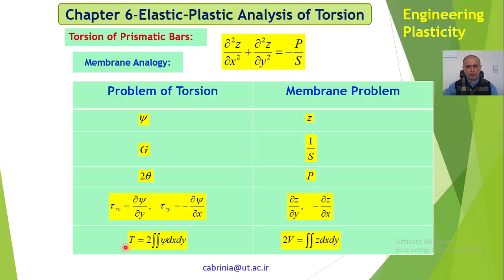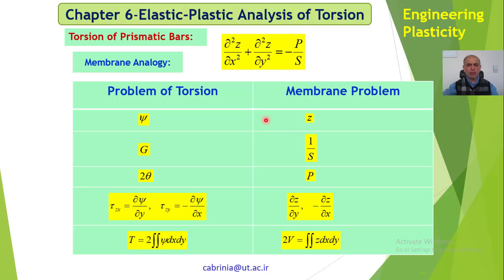And the torsional torque, in fact, was this. We obtained this relationship before, and the corresponding relationship is this, the volume under that dome. Volume under the membrane, pressurized membrane. So these are all equivalent.